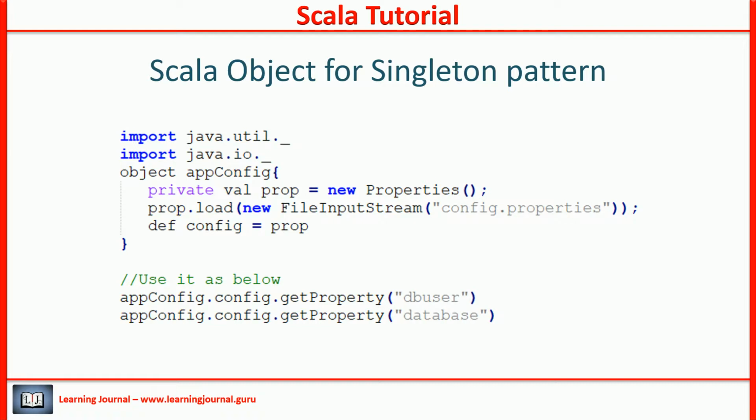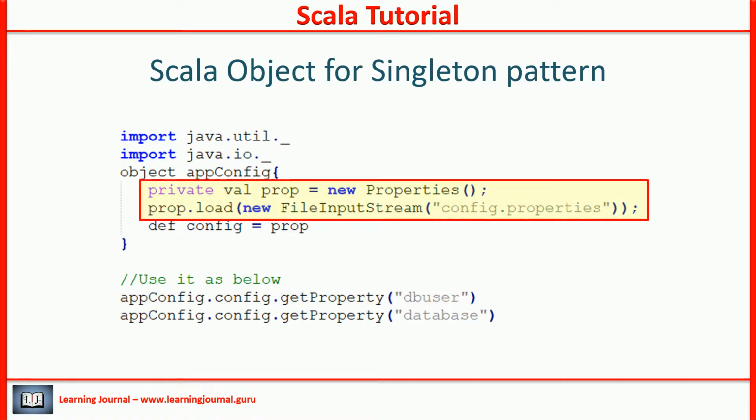Let's look at some of the key things. Since app_config is an object, no one can instantiate it. All you can do with this object is to use it. When you use it for the first time, it will instantiate a properties object and load the properties file.